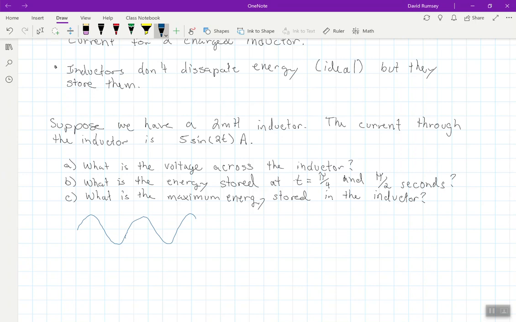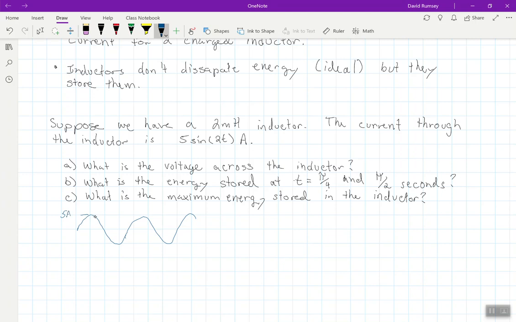You might say, hey, you can't change the current through an inductor. No, we can't change it rapidly. I can't have spikes of current. And what's happening here isn't a rapid change. It starts at 0, then I get a little bit of current, a little bit more, and I go all the way up to 5 amps of current, because it's 5 sine of 2t.